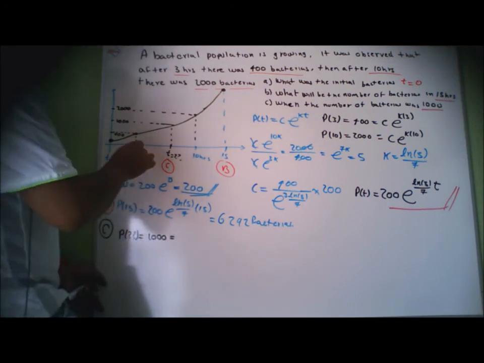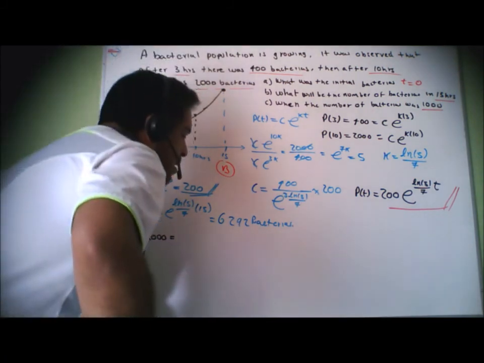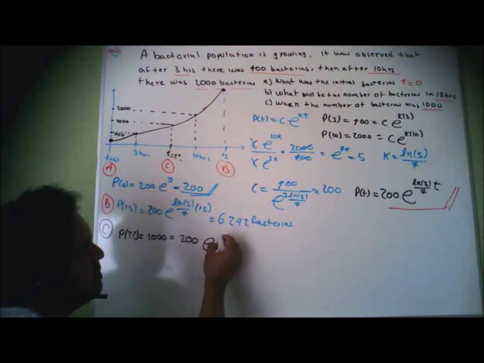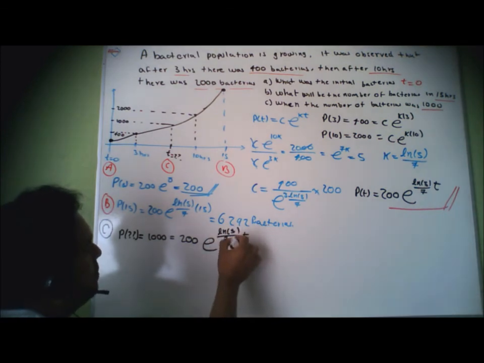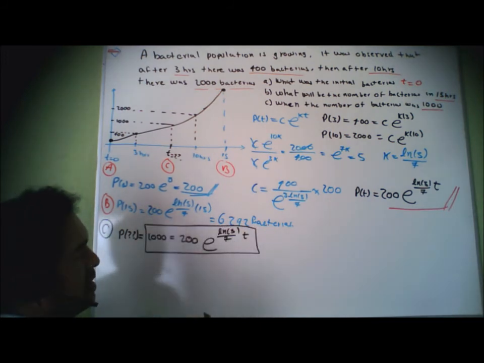So that should be between 3 hours and 10 hours. When? That's the question. Okay, so be careful here. The model is 200 exponential of the natural log of 5 divided by 7 times the time. So what we have to do here is clear the time from this equation.